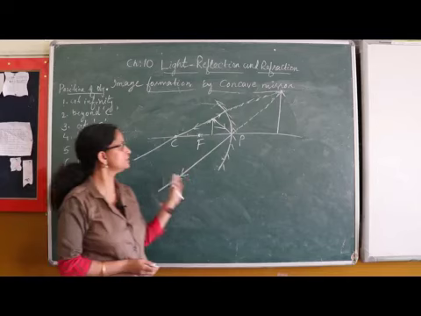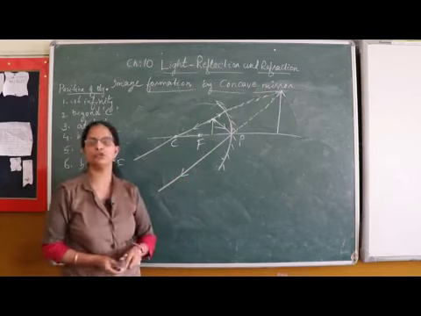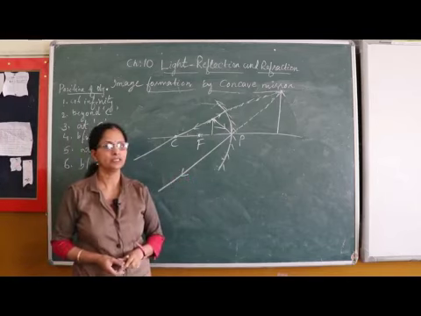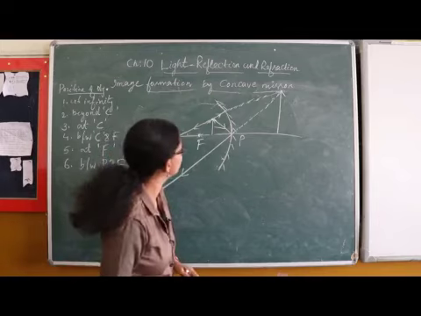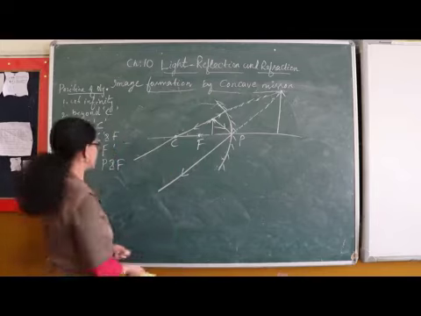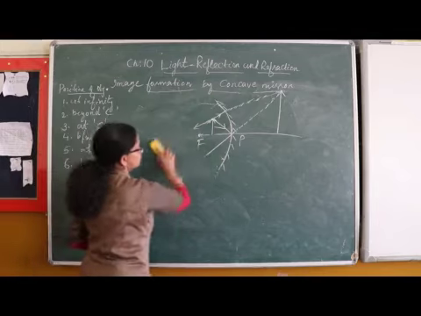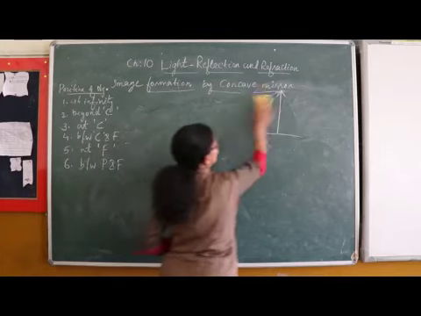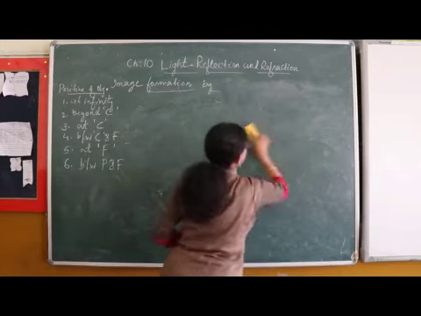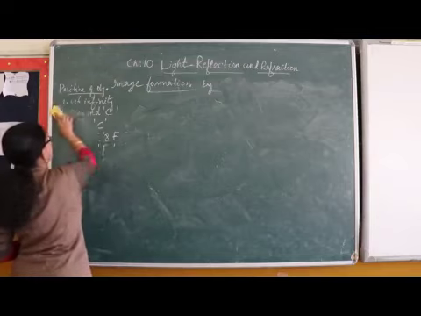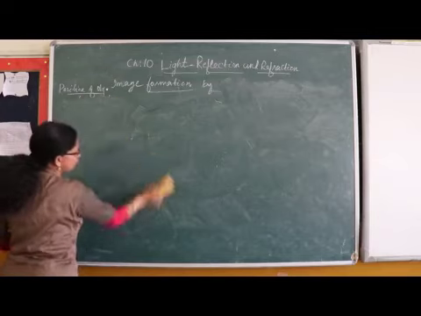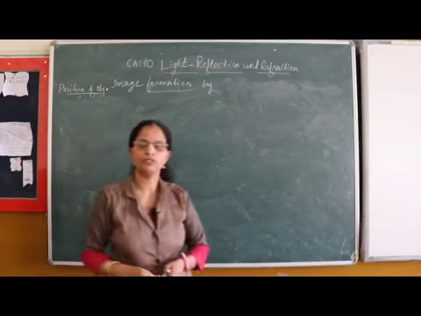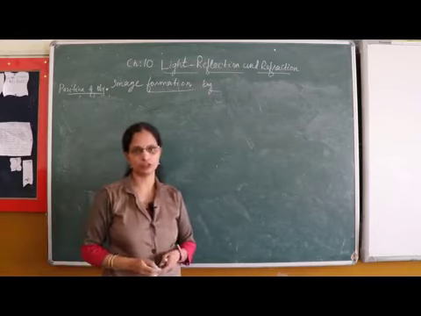So these are the various situations in which a concave mirror can form its image. Now we can see the image formation by a convex mirror. In the case of a convex mirror, image formation takes place in two situations only.